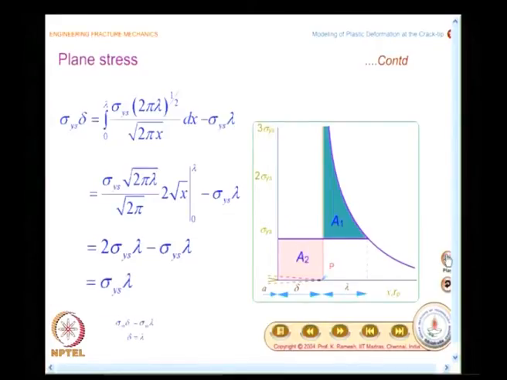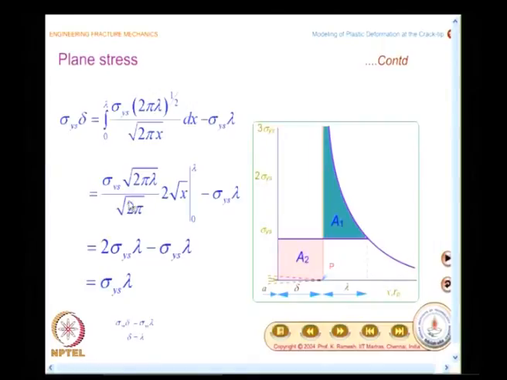So, what you have here? I have sigma ys delta equal to integral 0 to lambda sigma ys multiplied by (2 pi lambda) whole power half divided by root of 2 pi x dx. This is very simple to integrate, there is no difficulty at all.